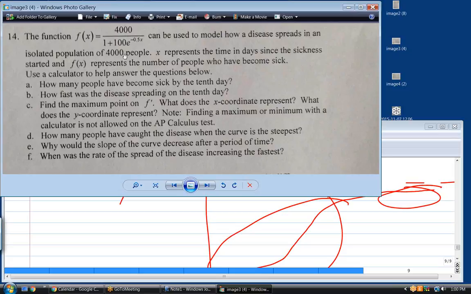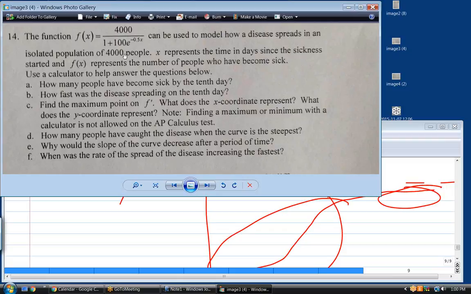So as you approach, in other words, when 3,900 people get sick, you can't have that many people getting sick each additional day. So the number of people getting sick decreases. Yeah, the rate of people getting sick decreases, not the number.